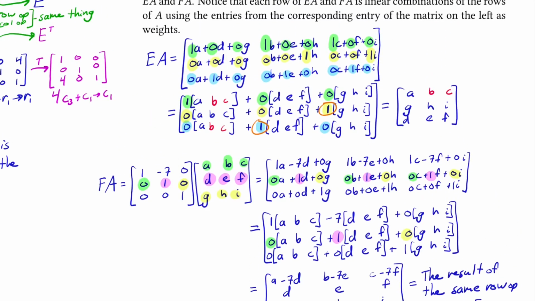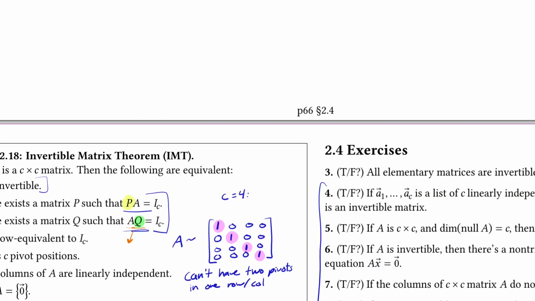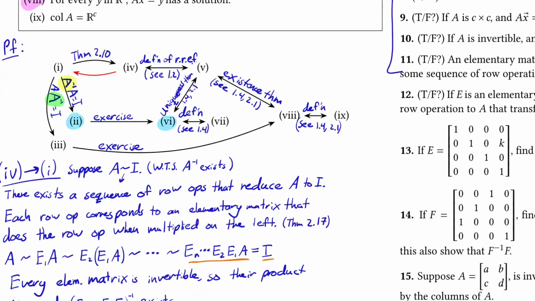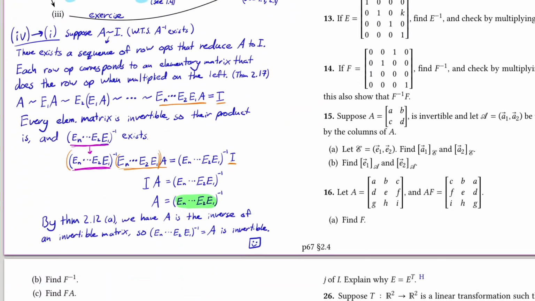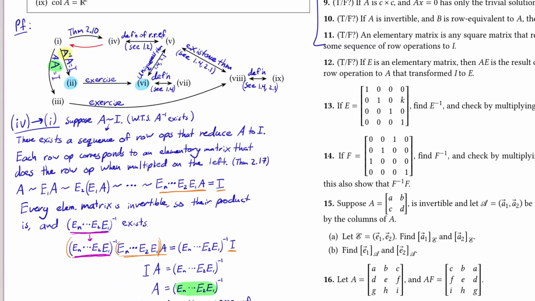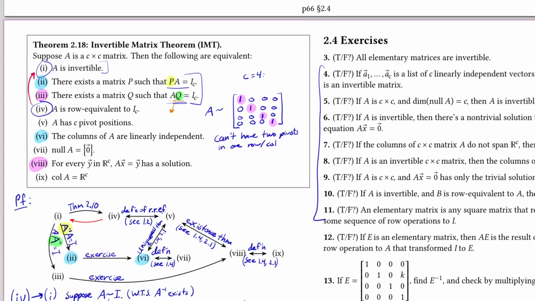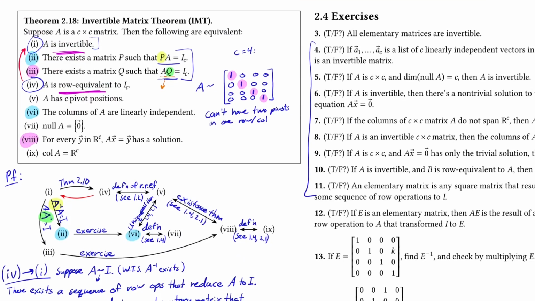There are all the different ways you could write a matrix times another matrix as we saw here. Elementary matrices gave us a good excuse to see different ways that you can think of matrix multiplication. And of course, it also helps us make a connection between matrix multiplication and row equivalence and doing row operations, which we needed for this proof.